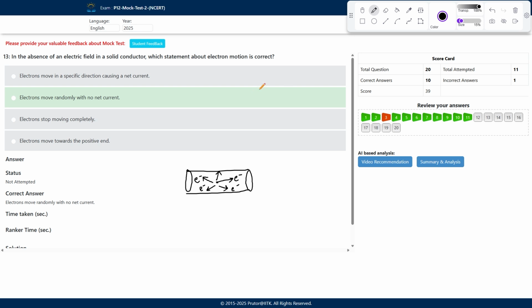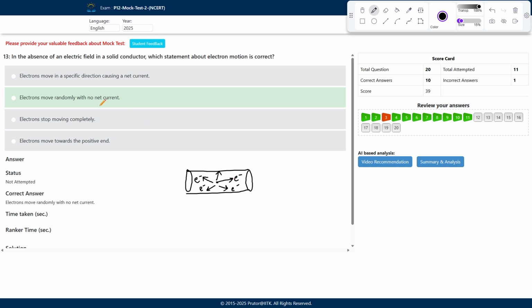So equal number of electrons are moving in the opposite direction, so they will cancel the current. Let's suppose n number of electrons are moving in forward direction, so there are n number of electrons moving in opposite direction to cancel the current due to forward electrons.